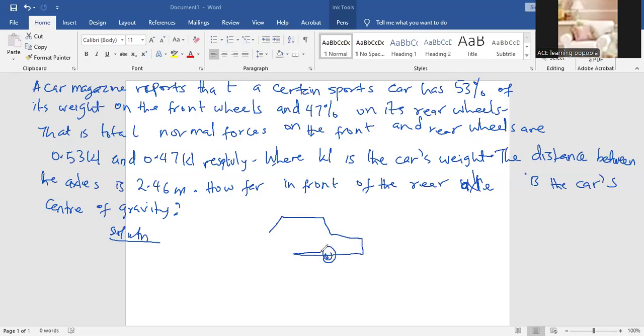So you have that. Okay, so here, the front and the rear wheel. The distance between the two of them is 2.46 meters. Instead of using cars, let's just draw a line to represent the car. Sorry, let me draw a better line.